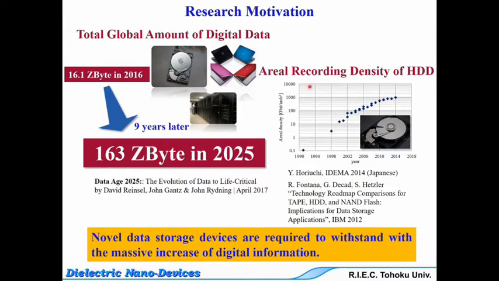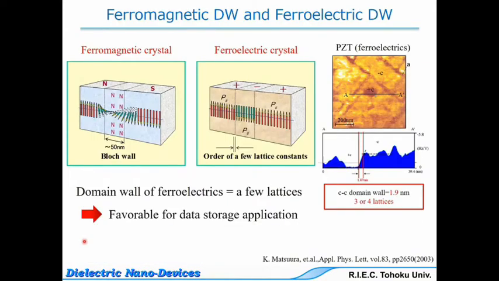For example, this graph shows the areal recording density of the magnetic hard disk drive, and it saturates at 1 terabit per square inch. So, as an alternative technology, novel data storage devices are required to withstand the massive increase of digital information.